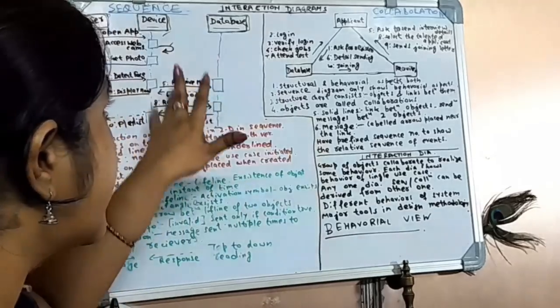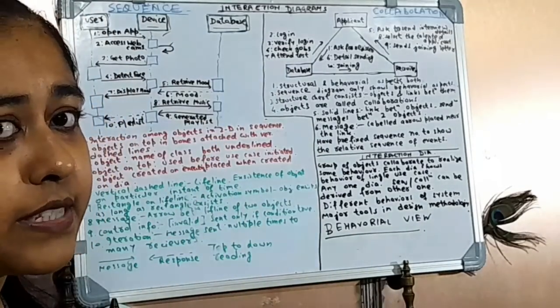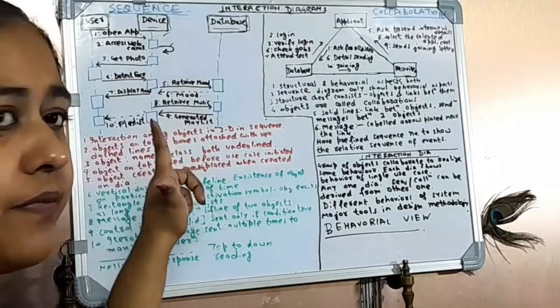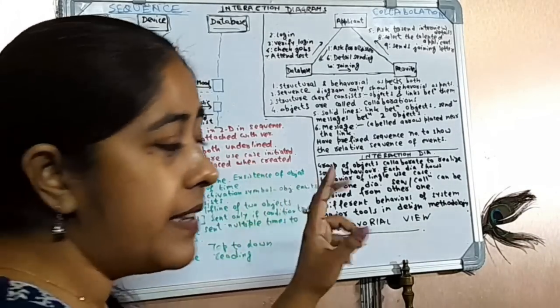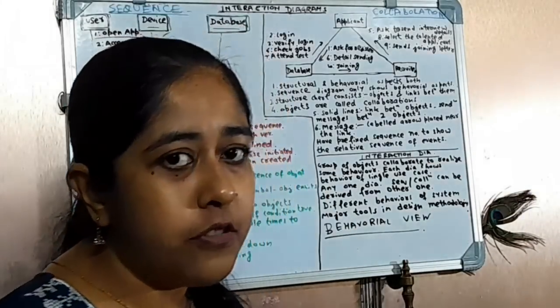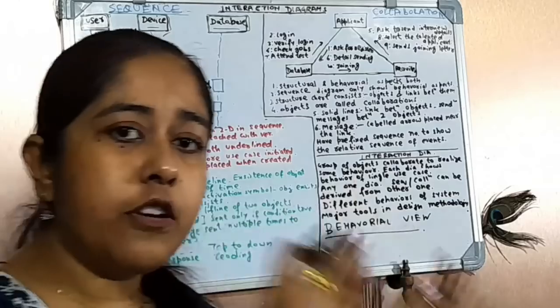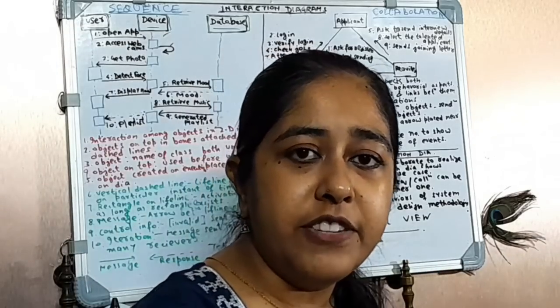Okay, so this is what is going on in a particular sequence diagram. So you have to see the sequence numbers should obviously be in sequence. Second, the top to bottom approach should be seen. Third, whatever order is going to be given from one object to another object, that is a particular interaction.